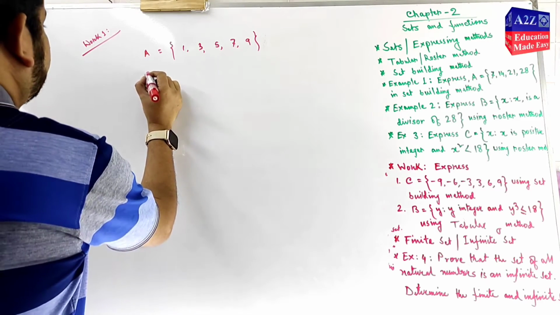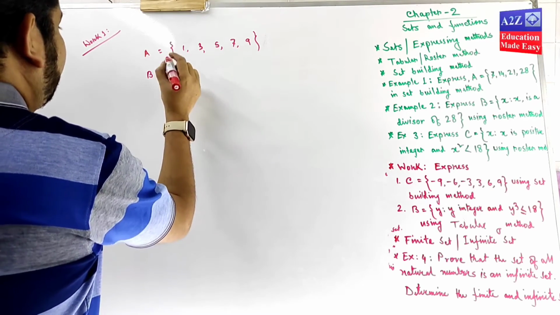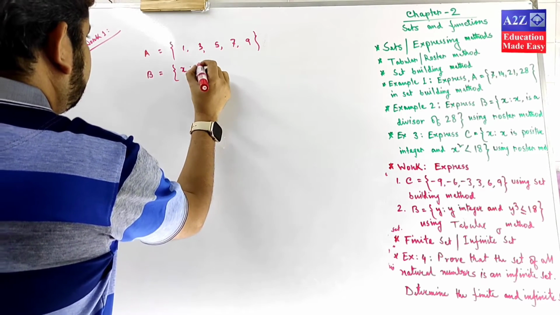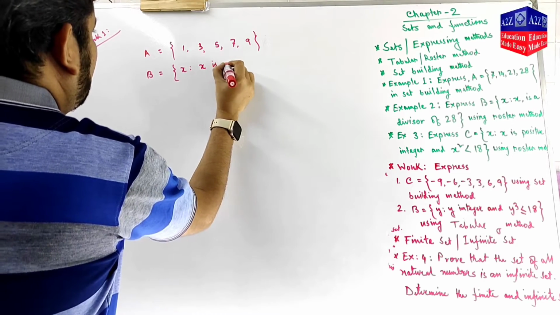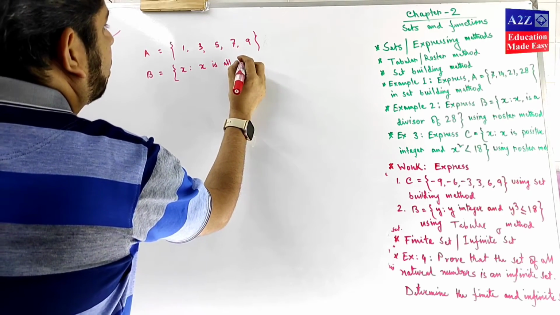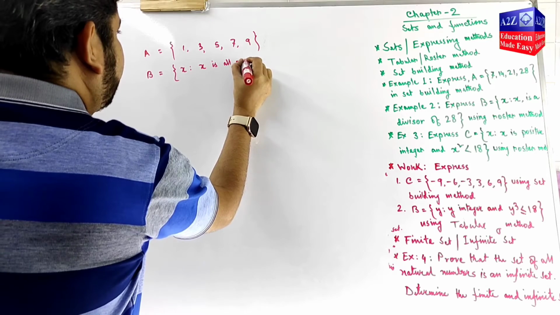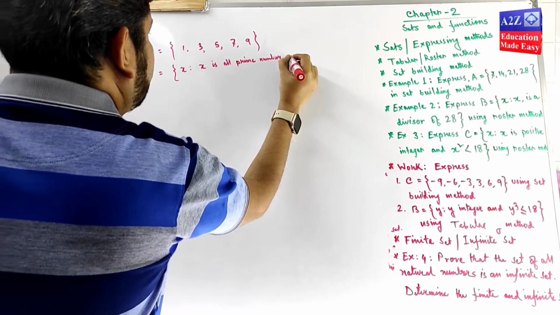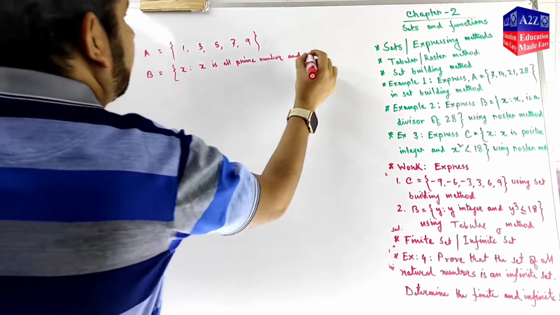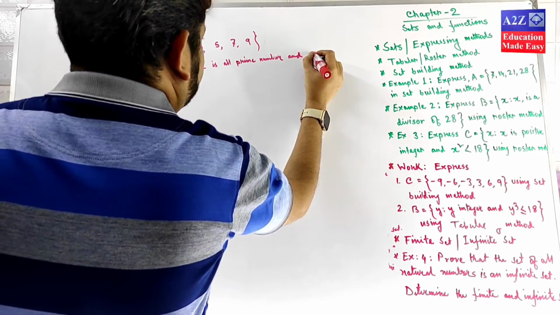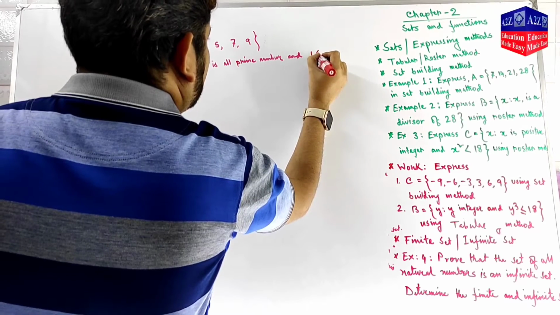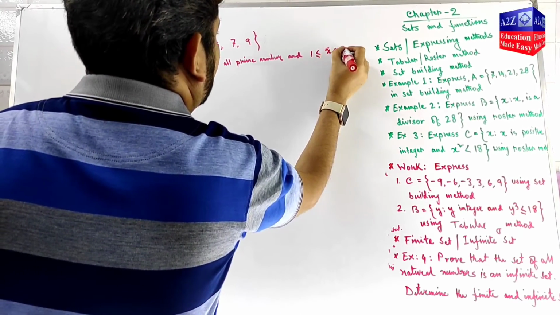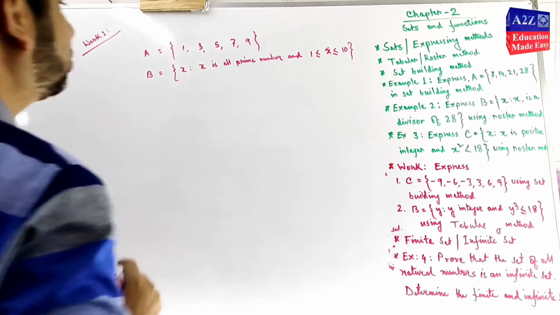And also, for example, if I say B is a set of elements x such that x is all prime numbers, and x is ranging between 1 to 10, this is also a finite set.